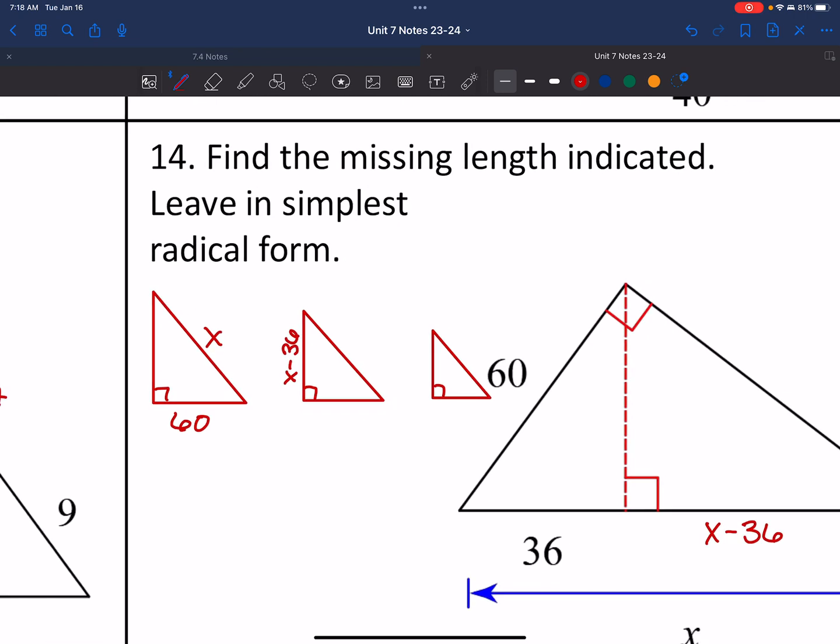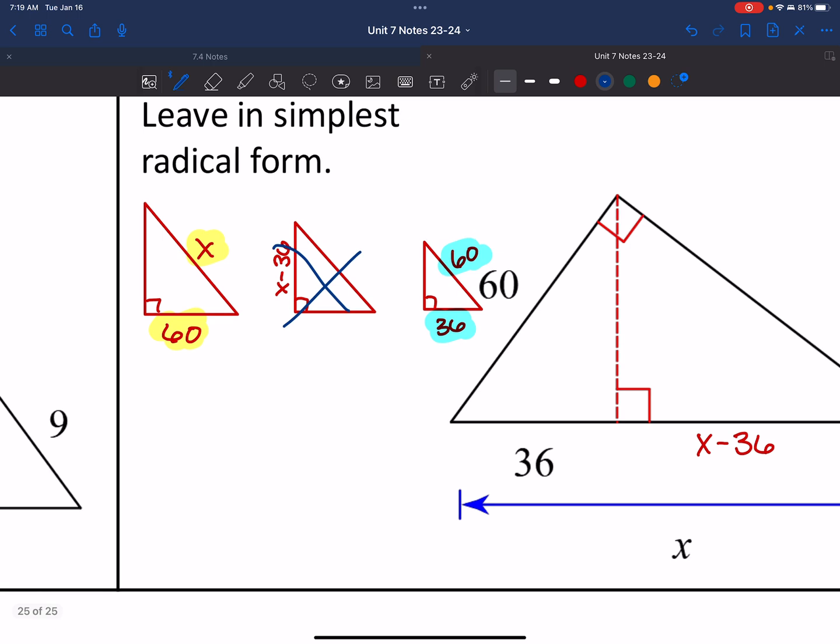And then on the small triangle, they give us the bottom, which is 36, and then the hypotenuse, which is 60. The middle triangle doesn't really give us enough info, so I'm not even going to worry about it. But on the other two triangles, I have x and 60, and I have 60 and 36.